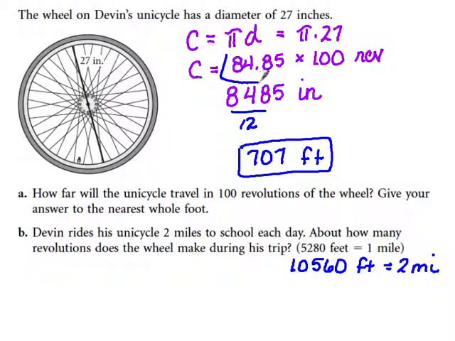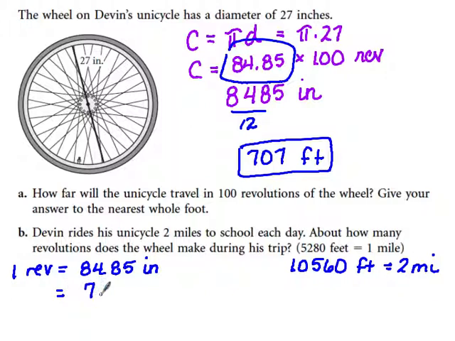I know one revolution is 84.85 inches, right? How many feet would that be? 7.07, right? So that is one revolution.